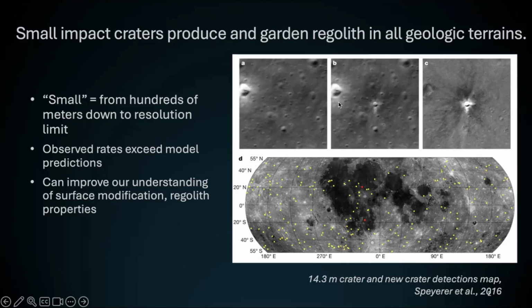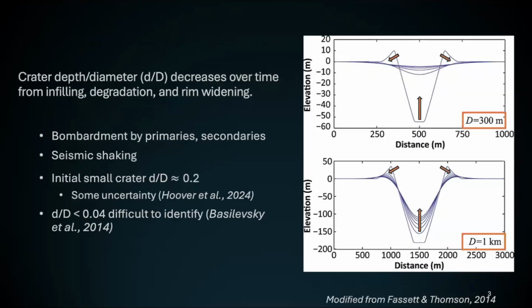So, I'll show this example while we're here, actually. This is one of the temporal imaging findings from Speyerer et al. 2016, where this is the before image and here's the after. And then on the right is a ratio of the after to before. So bright pixels are an increase in brightness in that area, and dark pixels are a decrease.